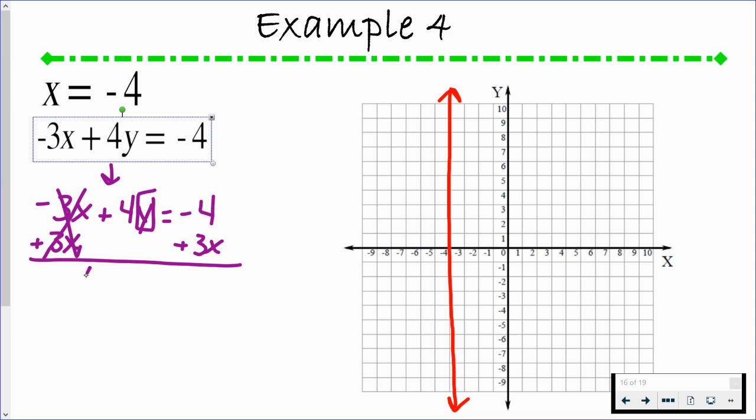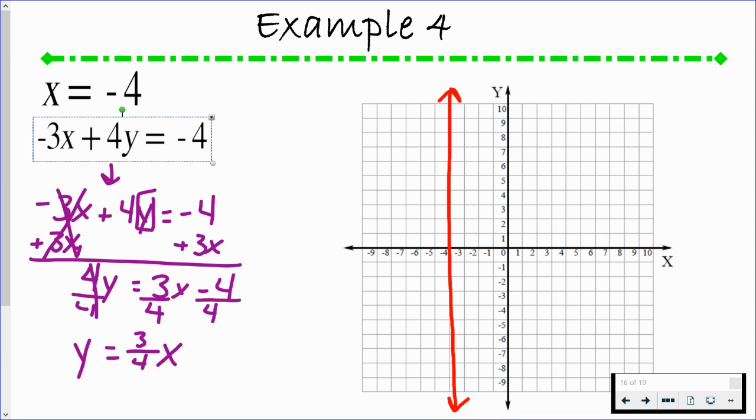It cancels out, leaving me 4y equals 3x minus 4. I'm going to divide the 4 to every single term. Now I'm left with y equals 3 over 4x, which I cannot do anything with. Negative 4 divided by 4 is negative 1.